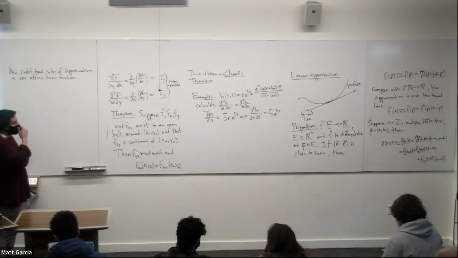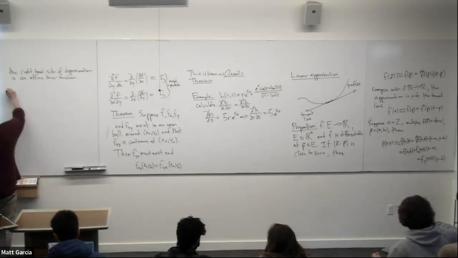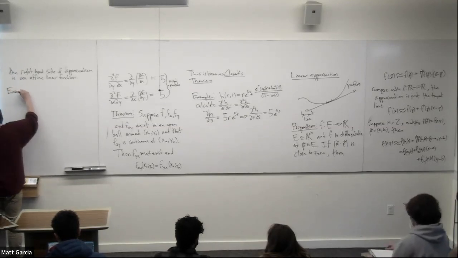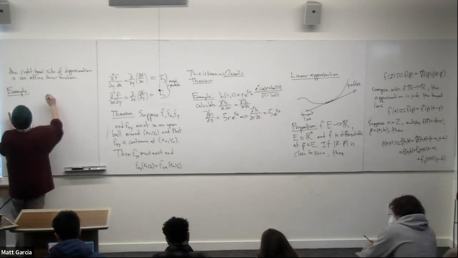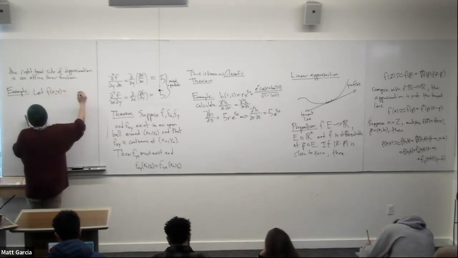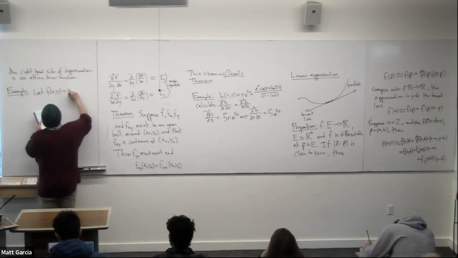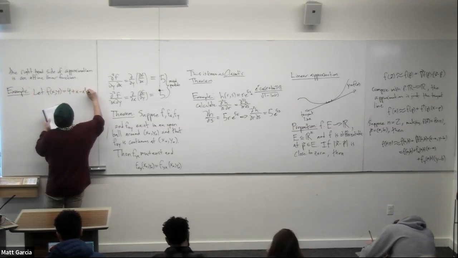Okay, let's do an example of some linear approximation. So let f of x, y be equal to 4 plus x minus x squared minus y cubed.